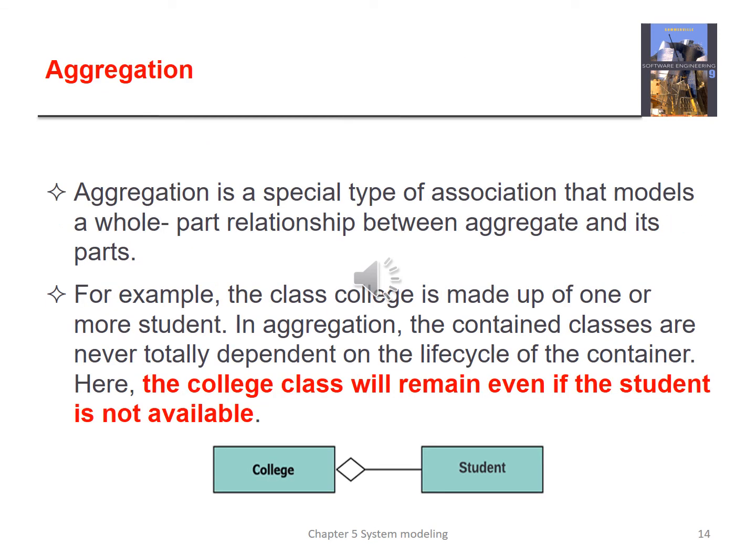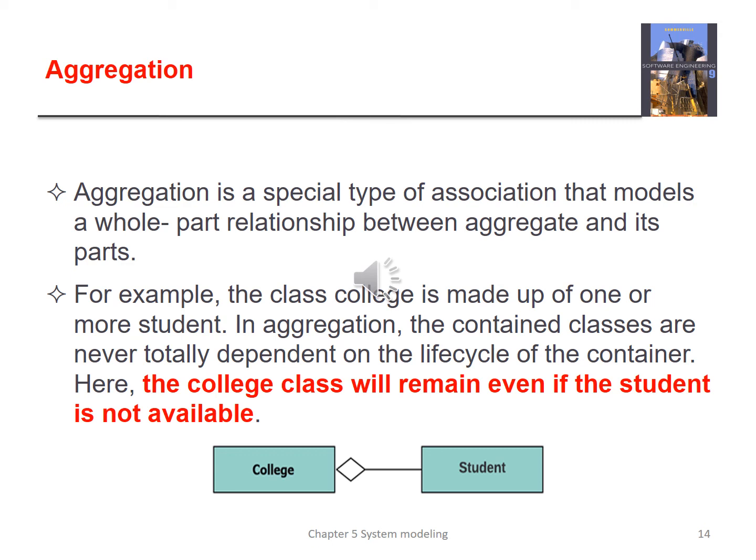Again here, aggregation is a special type of association that models a whole-part relationship between the aggregate and its parts. The aggregate is the parent, and the parts are the children. For example, the class college is made up of one or more students.